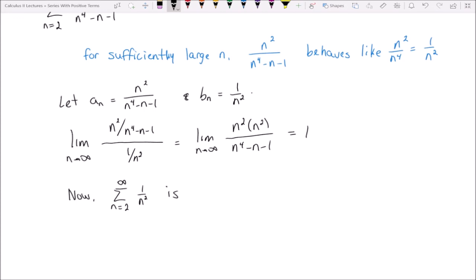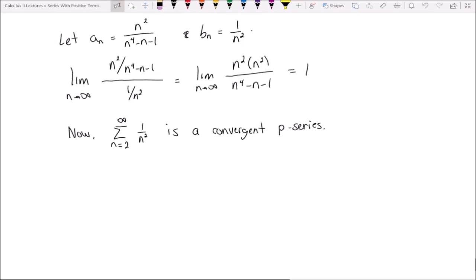That series, 1 over n squared, is a p series with p equal to 2, and so it converges. So this series converges by the limit comparison test.